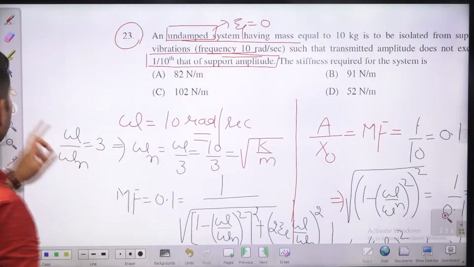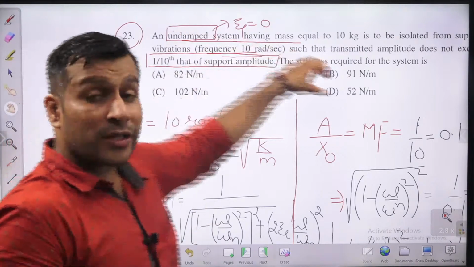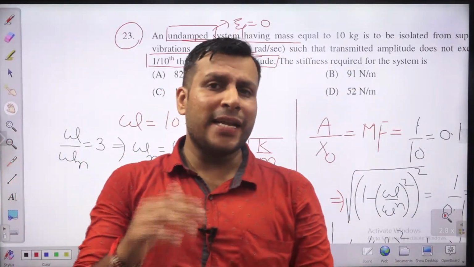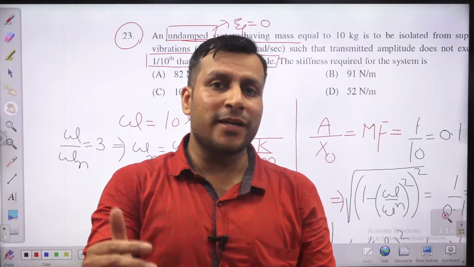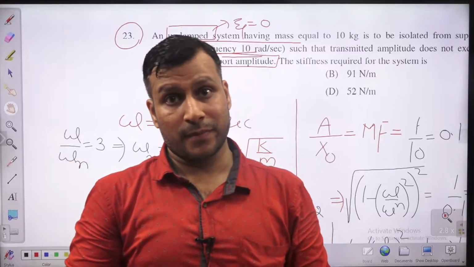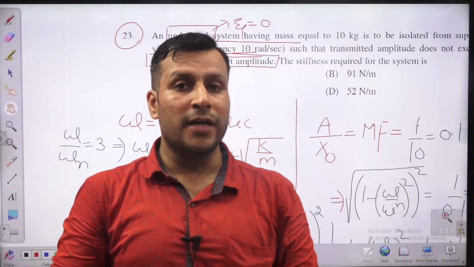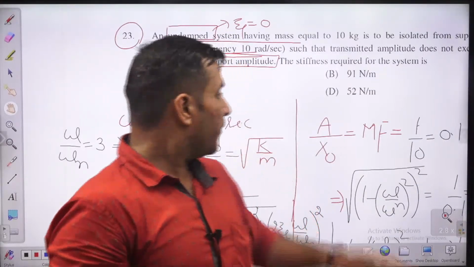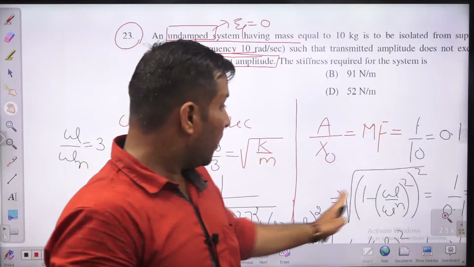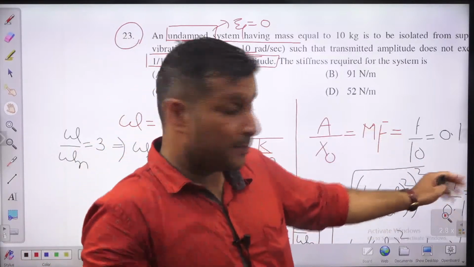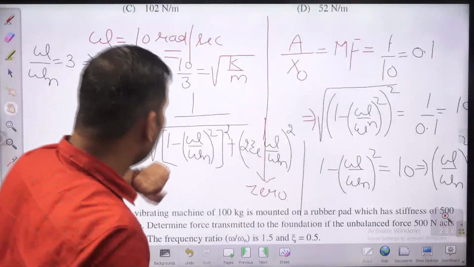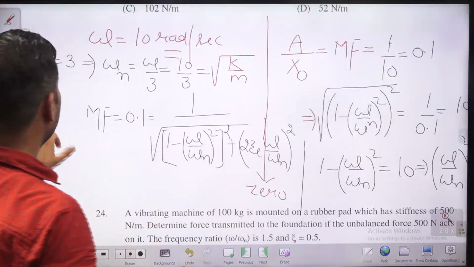So what we did, guys? First, through this we got the idea. The magnification factor is given to you as 0.1 because he is telling you the amplitude transmitted does not exceed 1/10 of the support amplitude. Now the system is undamped, so this term will be 0. Further, there is only simplification I carried out.